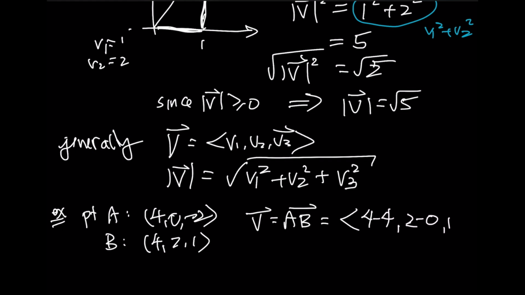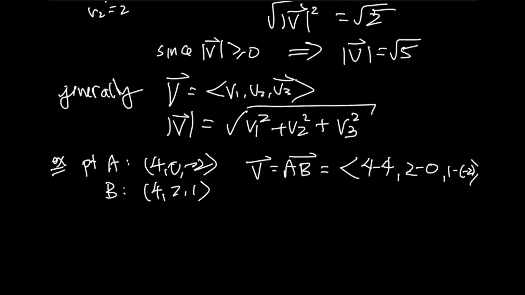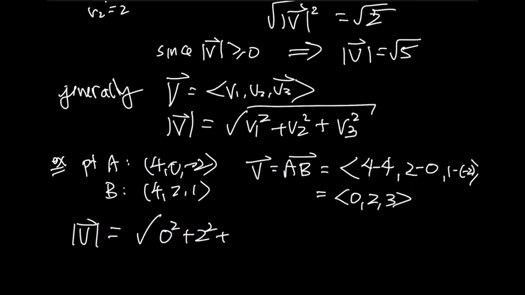Now remember, when you've got negatives, you need to be a little bit careful. This is going to give me a 0, 2, and a 3. The length of this vector is essentially just 0 squared plus 2 squared plus 3 squared, which is going to be the square root of 13.